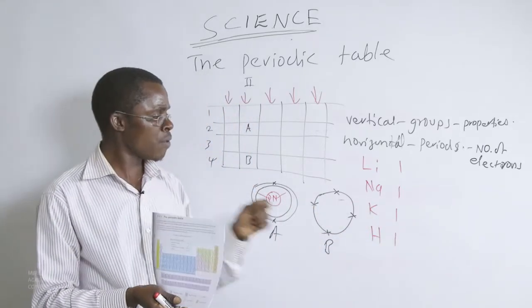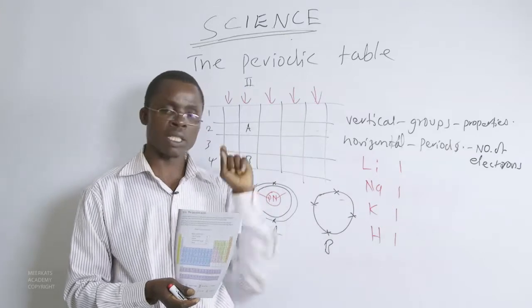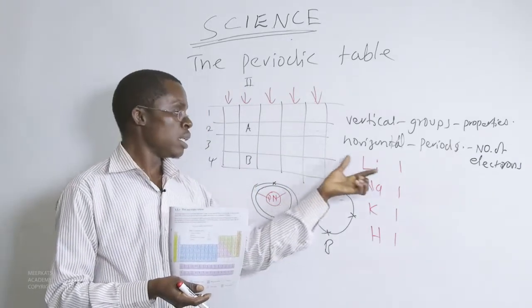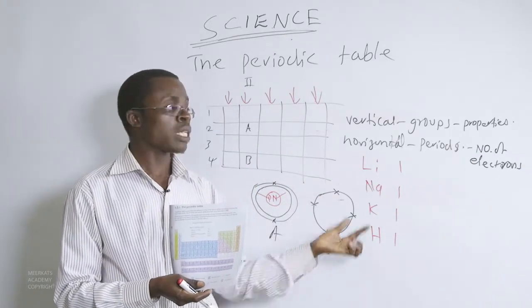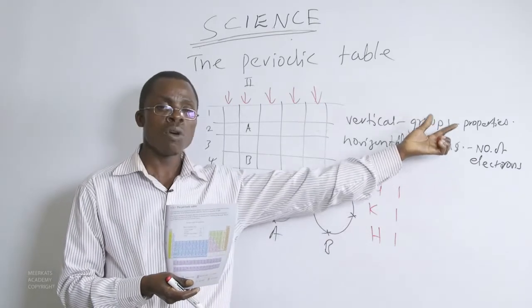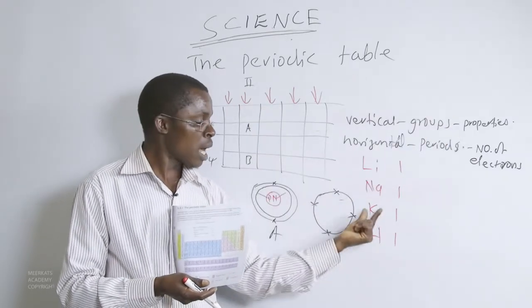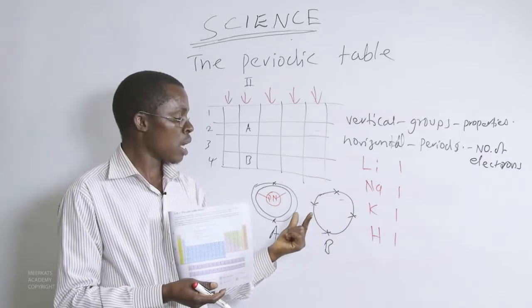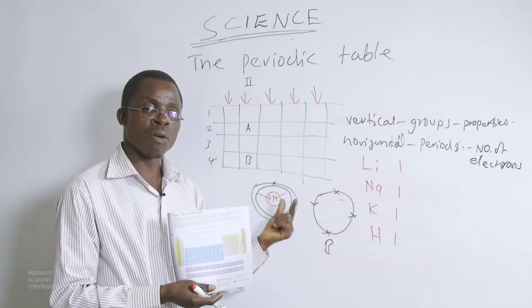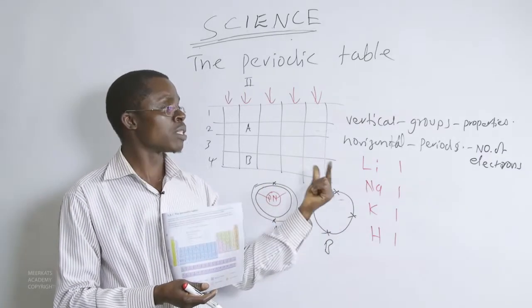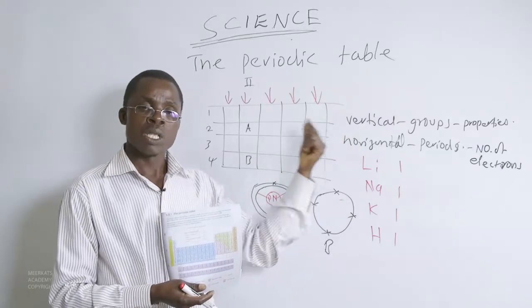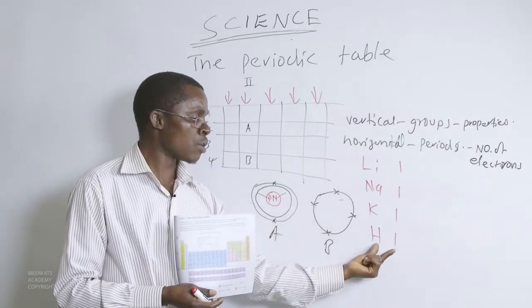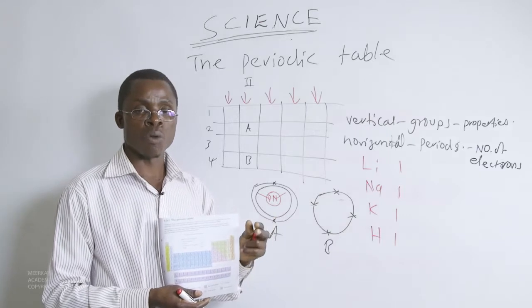So because of having 1 electron in each case, it is this one that gives them their chemical properties. Then it qualifies hydrogen also to be found in that group.